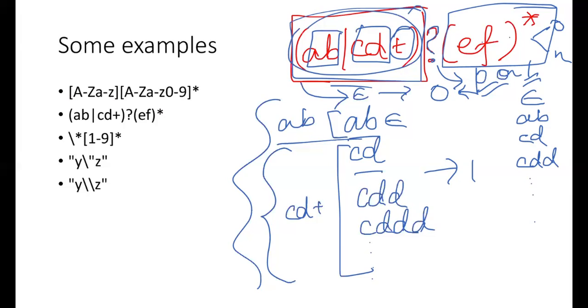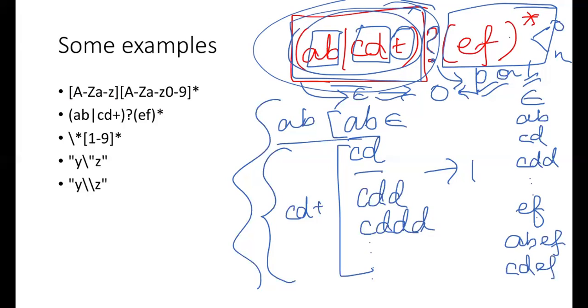But if I choose to repeat this more than 0 times, that is at least once, then EF is a valid string, because from here I am taking epsilon, or EF with AB, so AB EF, or CD EF, or CDD EF. It can go on like this. This is repeated only 1 time. I can repeat 2 times, I can repeat 3 times. So the process will continue.